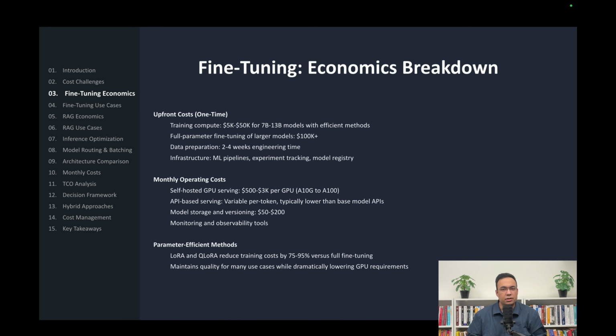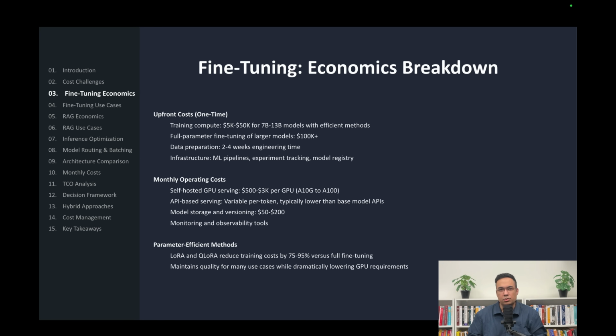Now for monthly operating costs, which are your ongoing expenses. So self-hosted GPU serving typically runs from $500 to $3,000 per GPU per month, depending on whether you're using A10G instances on the lower end or, let's say, A100 instances on the higher end. API-based serving has variable per-token costs, but it's typically lower than the base model APIs because your fine-tuned model can be smaller and more efficient at this specific task.